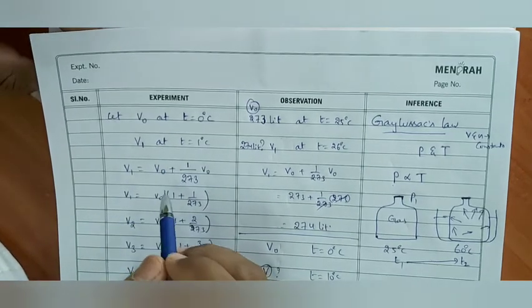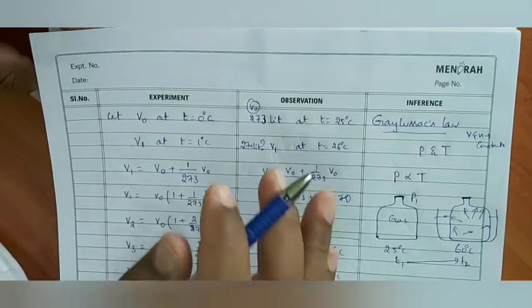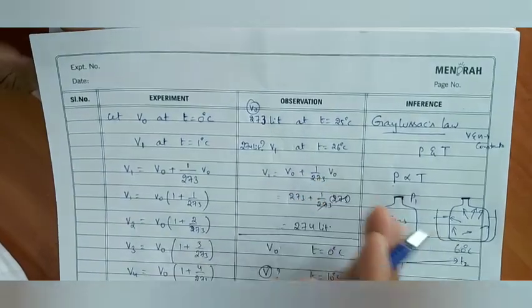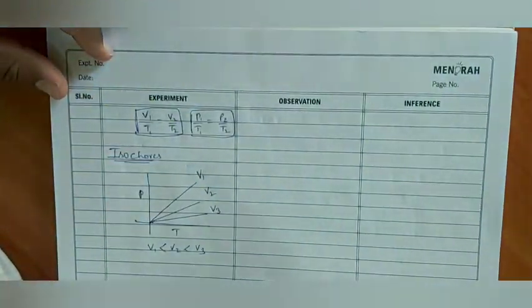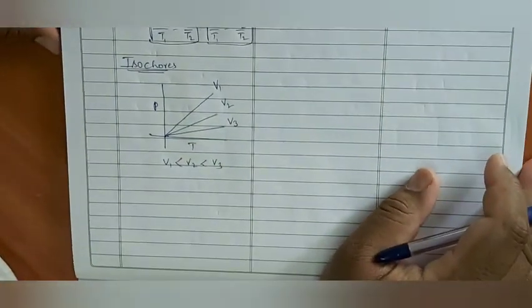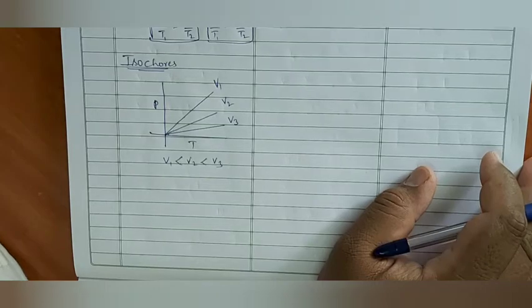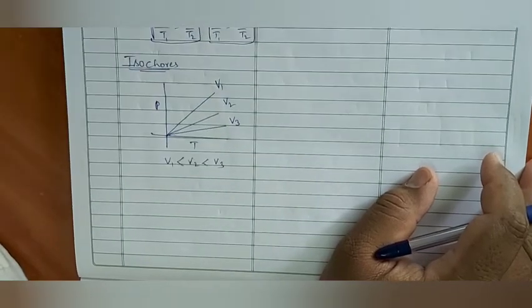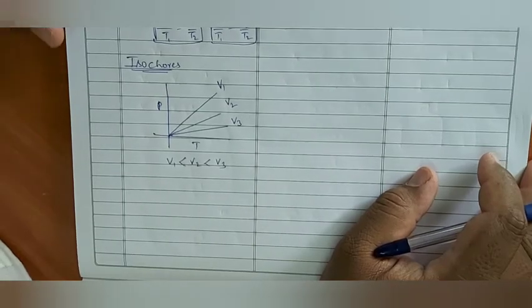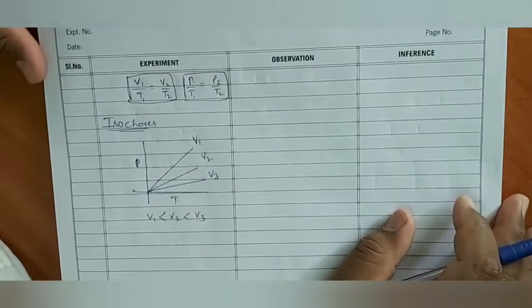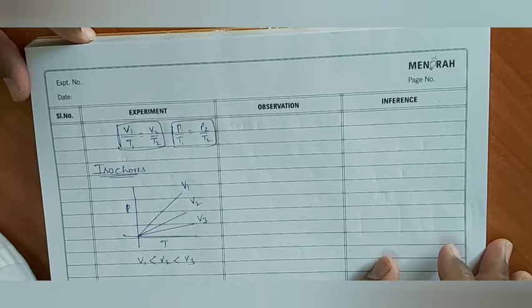For every 1 degree C rise in temperature, pressure is increased by 1 by 273 of its initial pressure. Like that also we can tell. But these are all not required because while we are doing the problems, the formula which is useful is P1 by T1 is equal to P2 by T2. Okay, this is the completion of Gay-Lussac's law.